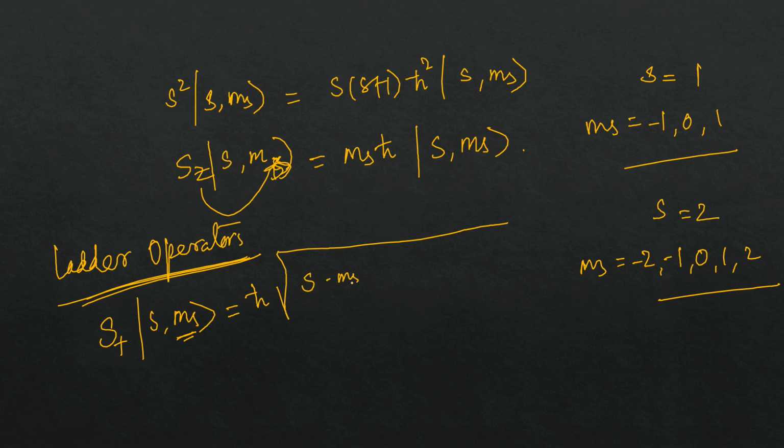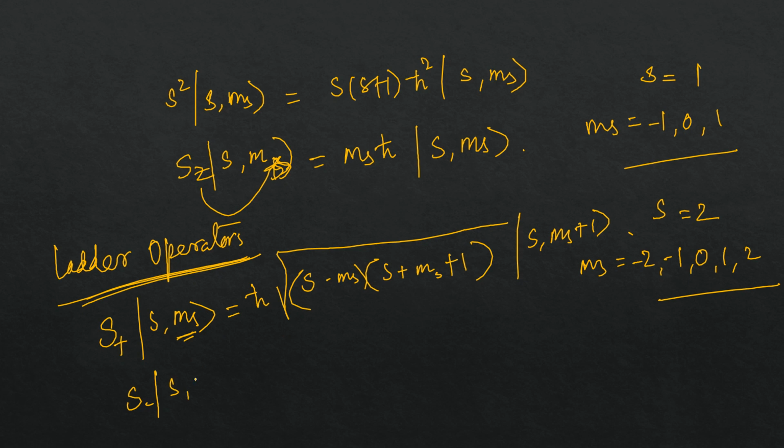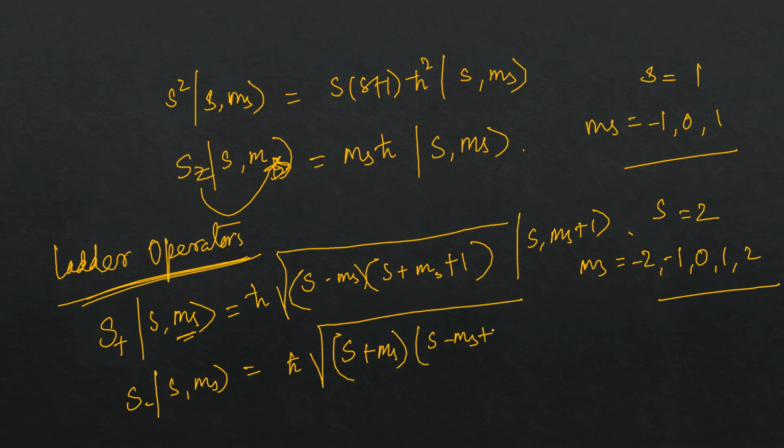minus Ms, S plus Ms plus 1, |S, Ms plus 1>. Or if S minus acts on |S, Ms>, then h cut, S plus Ms, S minus Ms plus 1, |S, Ms minus 1>.